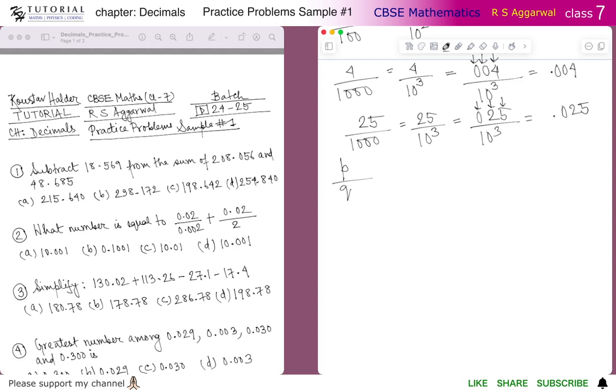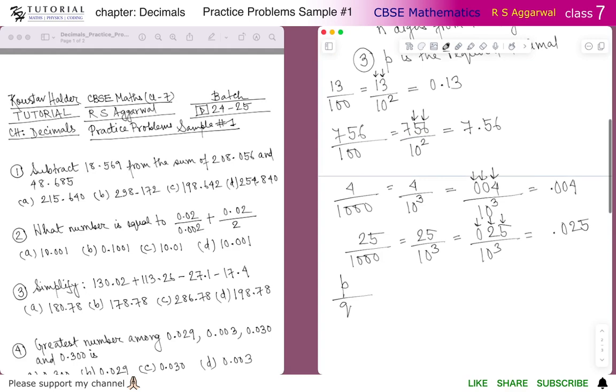Whatever number you multiply q with, you have to multiply p by the same number. So you will get a decimal fraction, and from the decimal fraction, using this concept, you can easily convert it to a decimal.